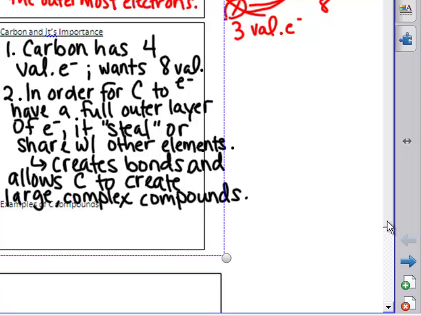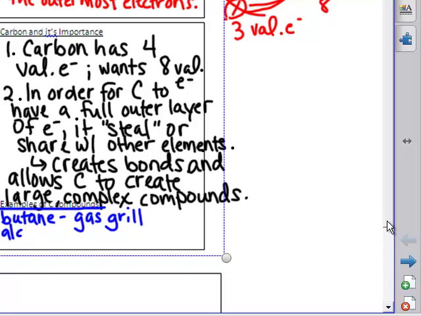We also use some carbon compounds in everyday life. Some of them you might be familiar with, some of them you may not be, but carbon is one of those elements that's found in almost everything that you can think of. The graphite in your pencils is made of carbon. The butane that you use for maybe a gas grill, that is made of carbon.